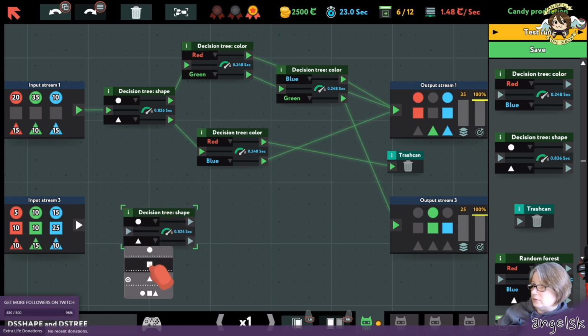So triangles. Triangle at the top because then it's easier to flip through. Triangle go into that one. And then squares.